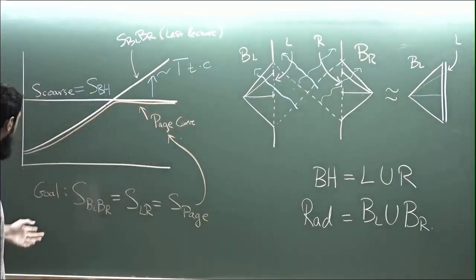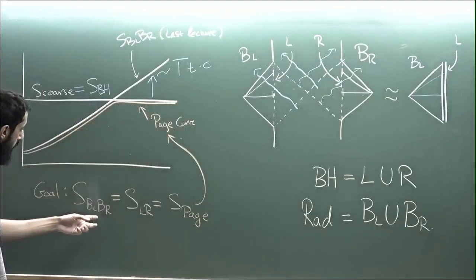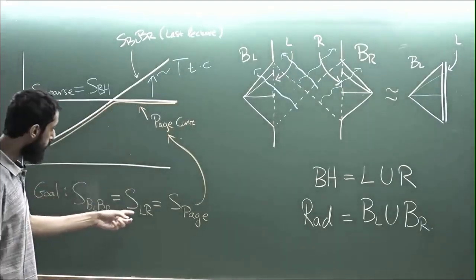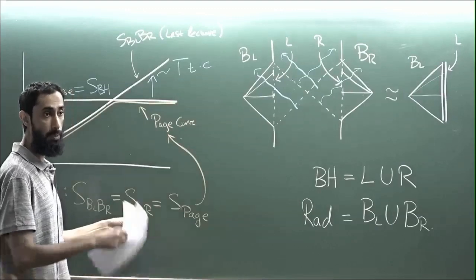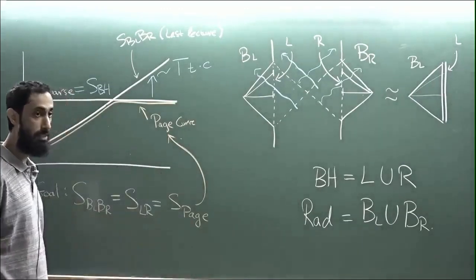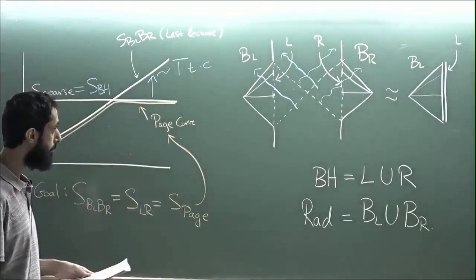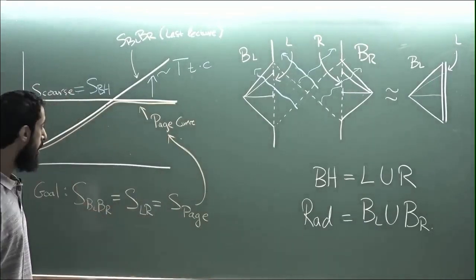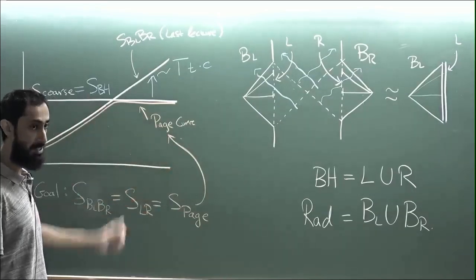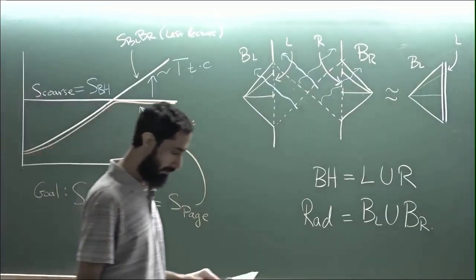The goal is to compute S of BLBR that gives this answer, and also compute the entropy of LR and show that we get this answer, and show that they're the same, and they coincide with the Page curve, as I just said. That's what we want to show. And the claim is if you do this, you've resolved the information paradox in this setting. Okay.